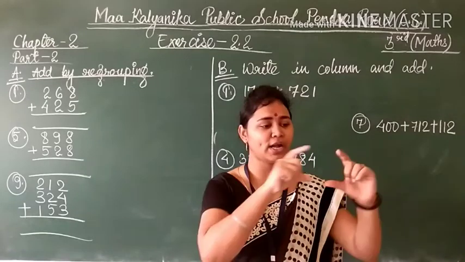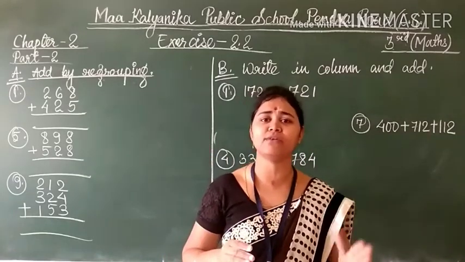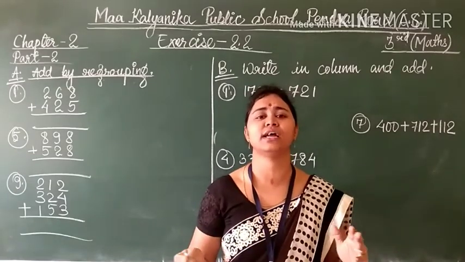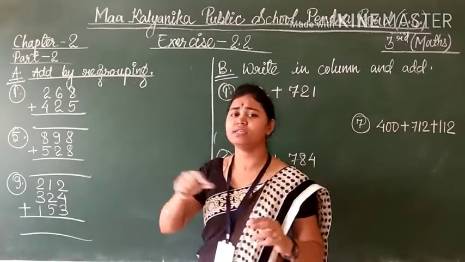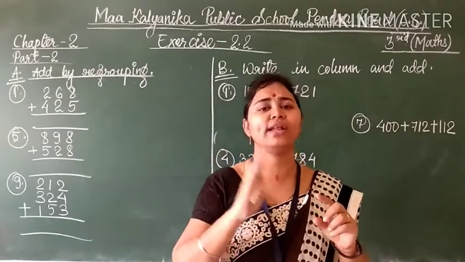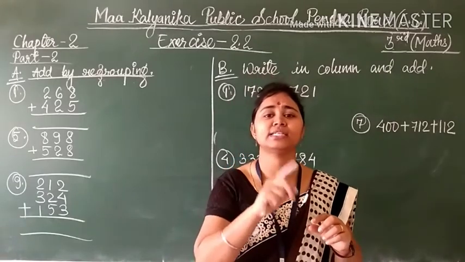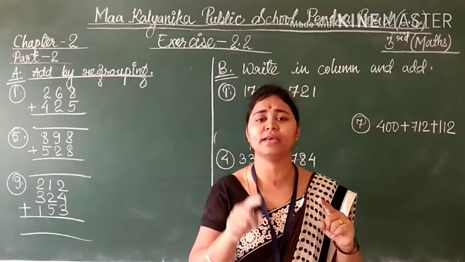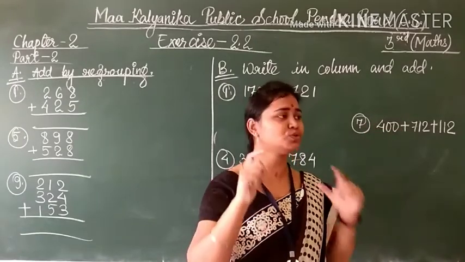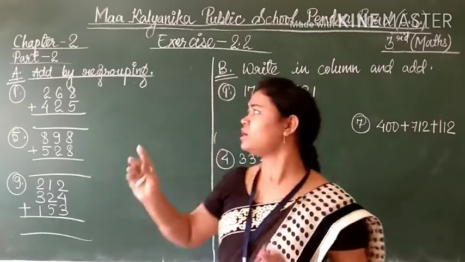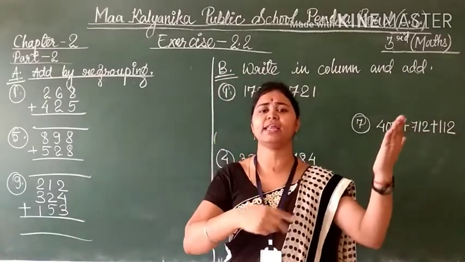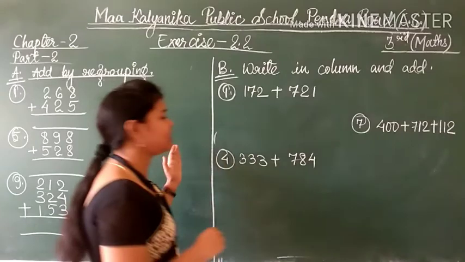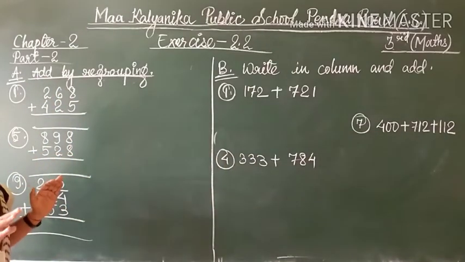If you write the numbers in a column and add one by one from the right side to the left side, some sums are bigger. Like 1 and 1 you get 2. But 6 plus 5, you get 11. 11 means 1 will be carried and 1 will be written downwards. So students, see, this is only called regrouping, meaning you put the carry and move to the next place for addition. So this only you have to do in regrouping. Not to worry. I hope you have understood this now.